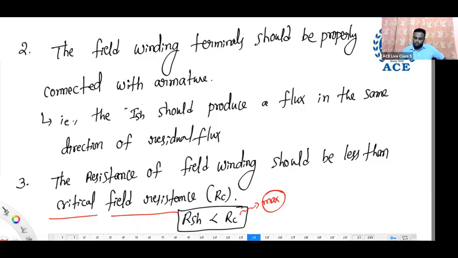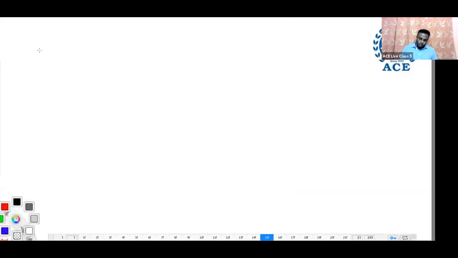I will show you in the graph how to find that. First, write the side heading, critical field resistance RC.